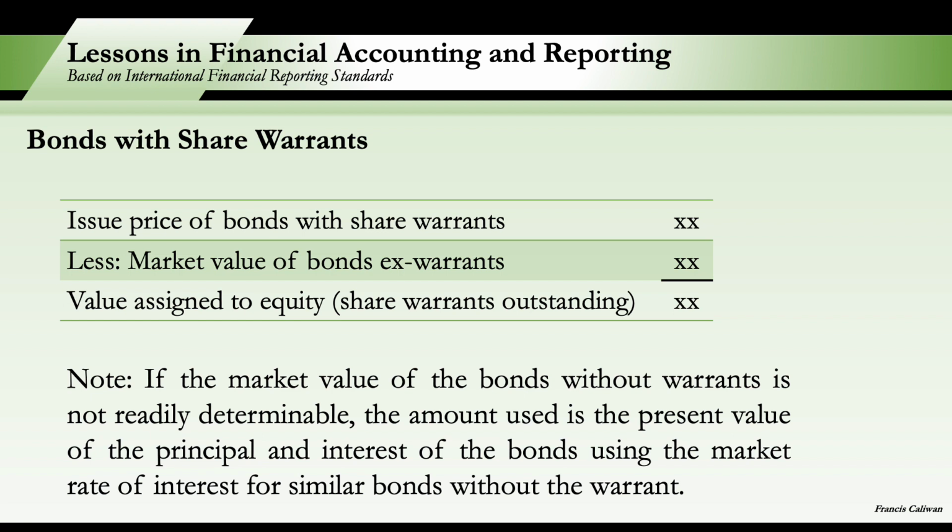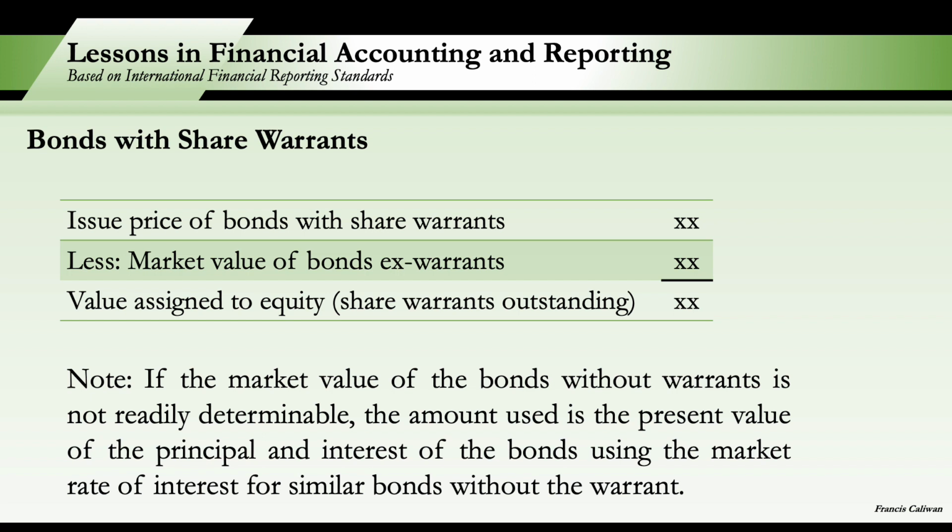Actually, if you can notice, that formula is in accordance with our accounting equation, which is asset is equal to liabilities plus equity. But if we are to compute the formula for equity, equity is equal to asset less liability. So again, priority is given to liability.